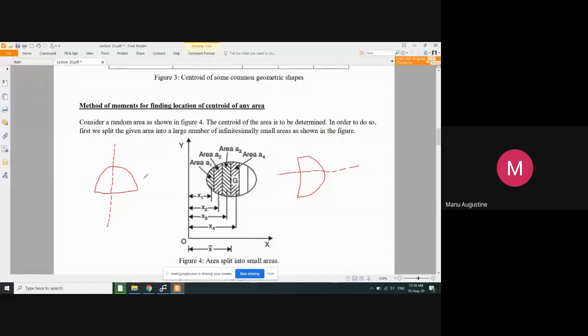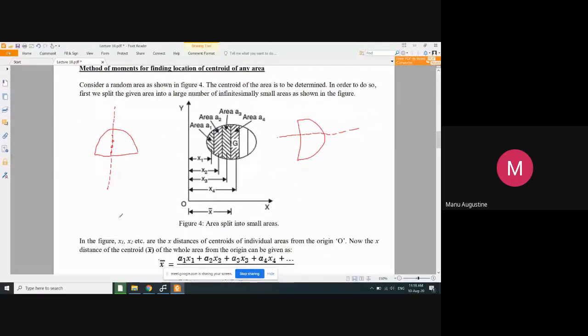And one thing about centroids that we learned is that it always lies on the symmetrical axis, or the axis of symmetry. So if there is any object for which you can identify the axis of symmetry, then you can be 100% sure that the centroid will lie somewhere on the axis of symmetry. Now the only thing is you have to locate at which point on the axis the centroid is lying.